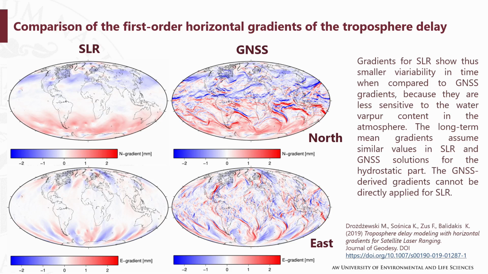For microwave techniques, which are much more sensitive to the wet delays, we can observe much more structures, a lot of structures for the north and east components. For the SLR, we have to take into account mostly the hydrostatic part of the tropospheric delay.